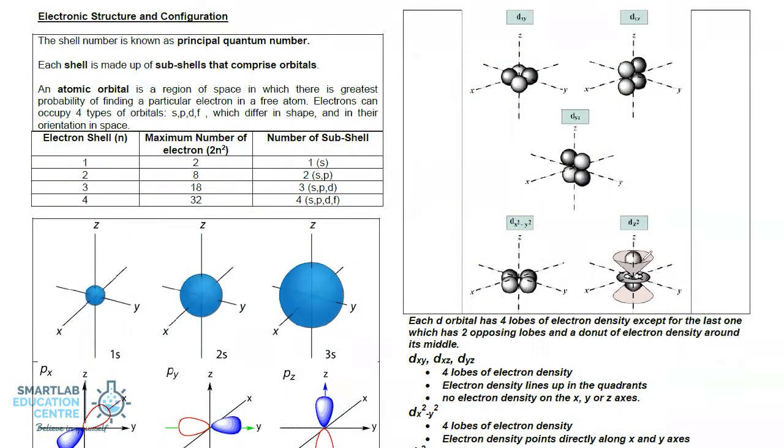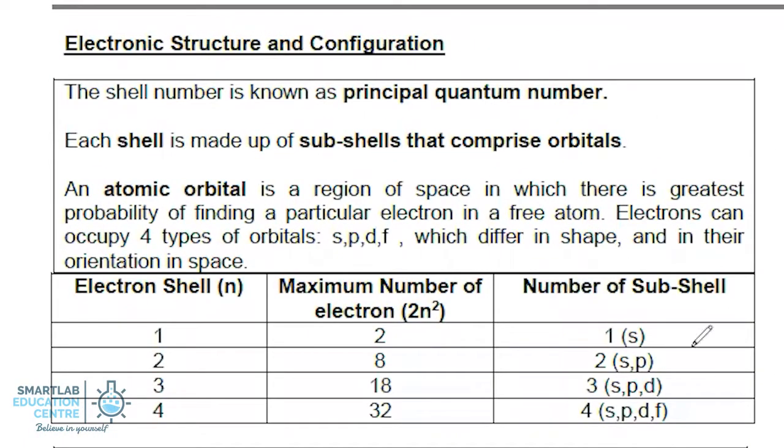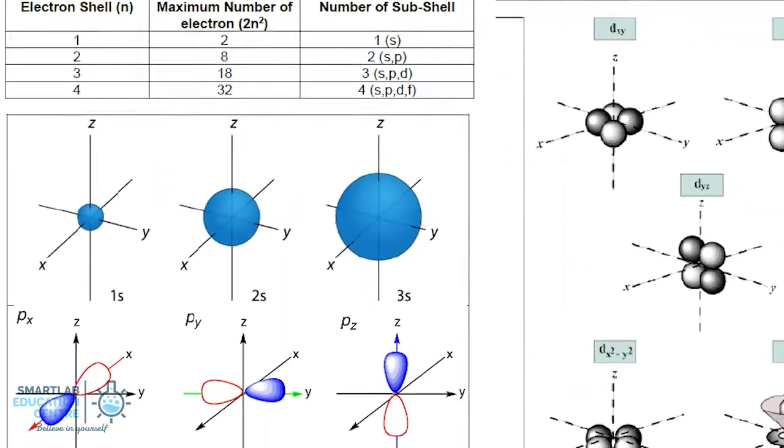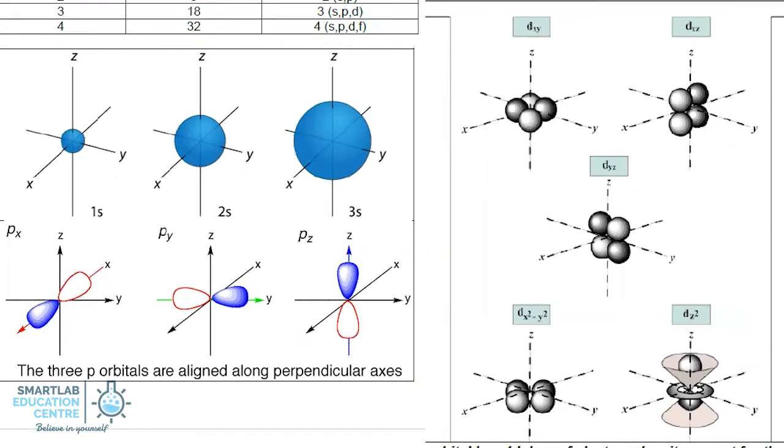So now let us take a look at the various shapes of the subshells. First, before we start, I want you to understand that an orbital is a region of space in which there is the greatest probability of finding the electron. As far as the s subshells are concerned, they are all spherical in shape. All the p subshells are dumbbell in shape. And as far as the d orbitals are concerned, there are primarily 5 of them.